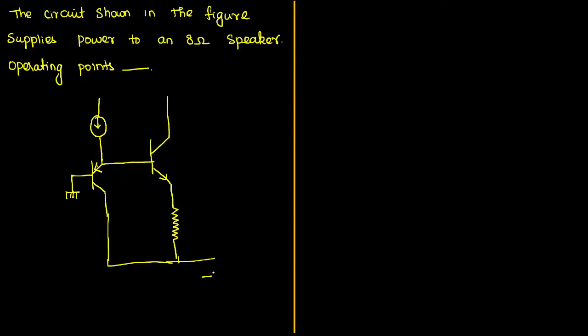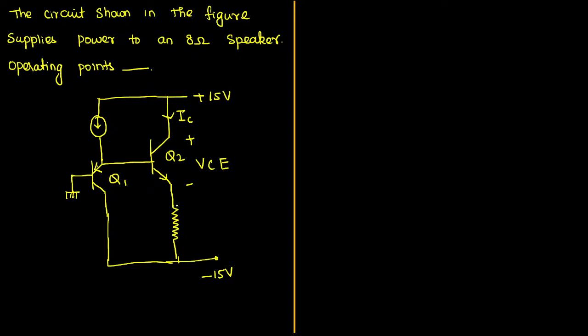Here the given voltage is minus 15 volts at this terminal, and here we are joining these two terminals. Here it is given as plus 15 volts, and they are calling this transistor Q1 and this Q2. It is mentioned that this is IC and this is the collector to emitter voltage VCE.